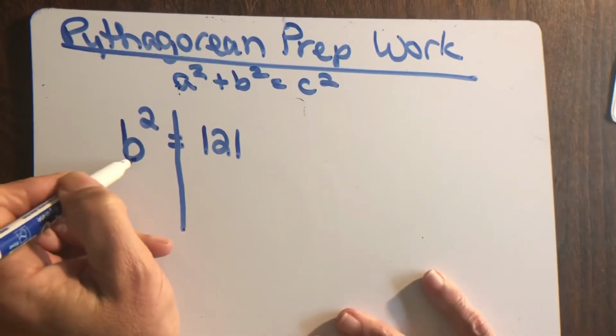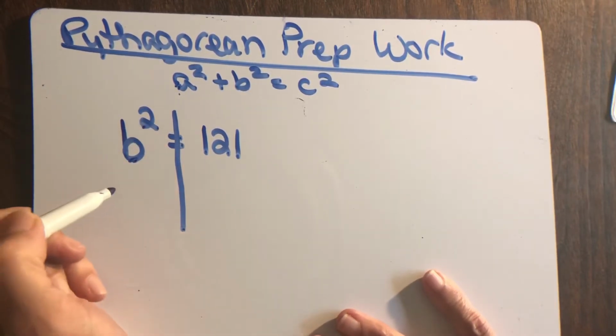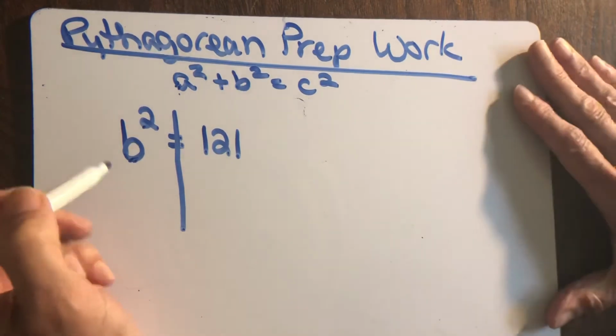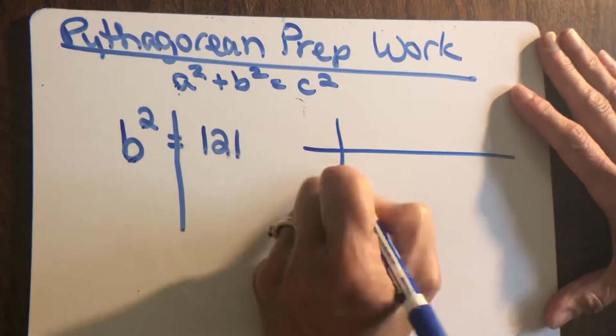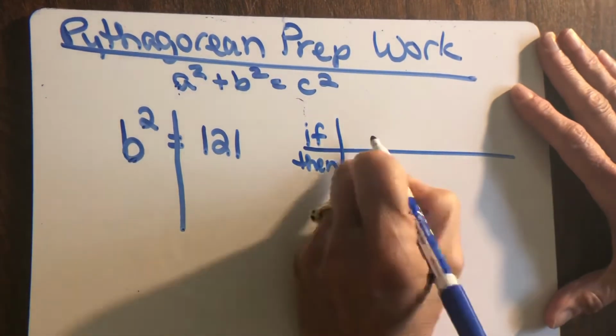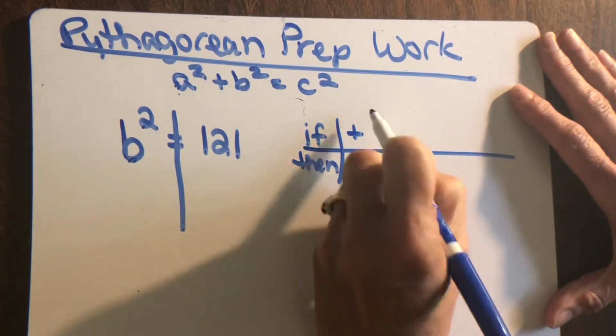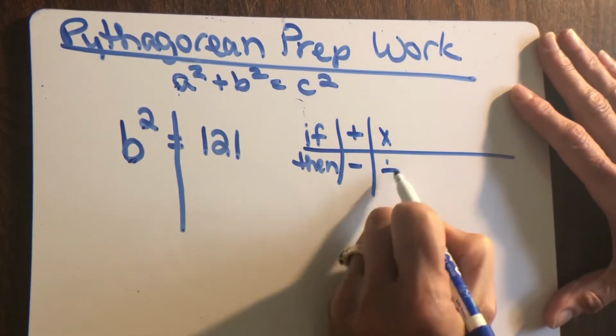The next question is, what operation is your variable in? Okay, well, my variable is squared. That is an operation. So remember, we have to do the inverse operation. So we've talked about in the past, if it's being added, then we want to subtract. If it's being multiplied, then we want to divide.